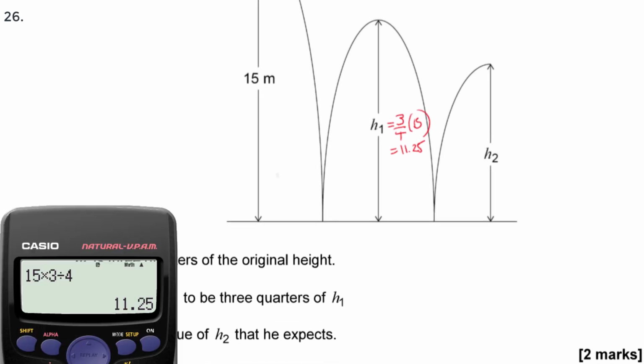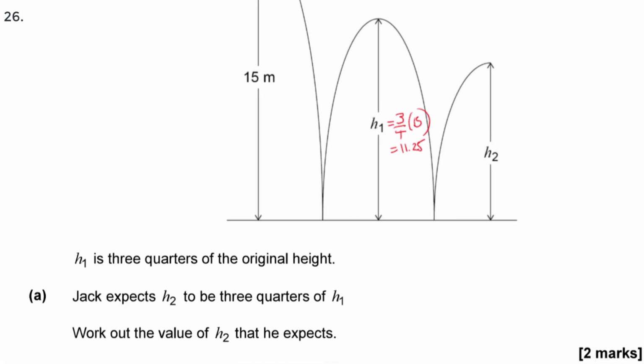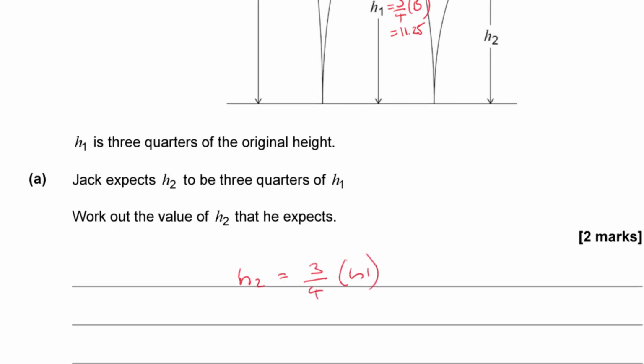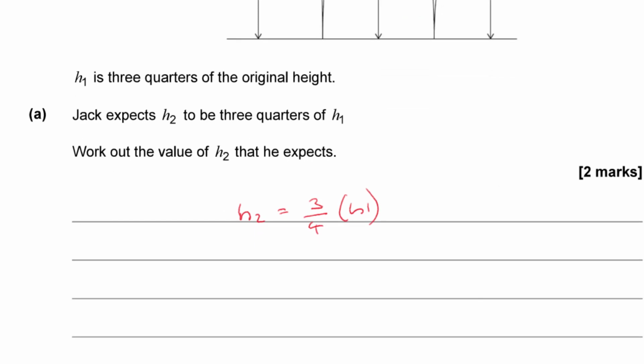Okay, and then Jack expects h2 to be 3/4 of h1. Work out the value of h2 that he expects. Okay, so then h2, if it's 3/4 of h1, and we just worked out that that was 11.25.